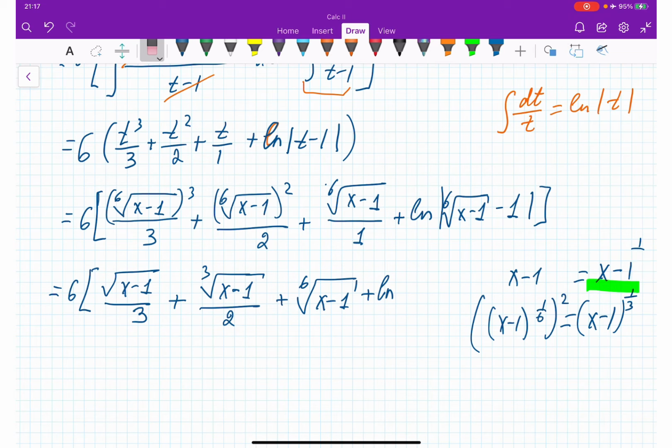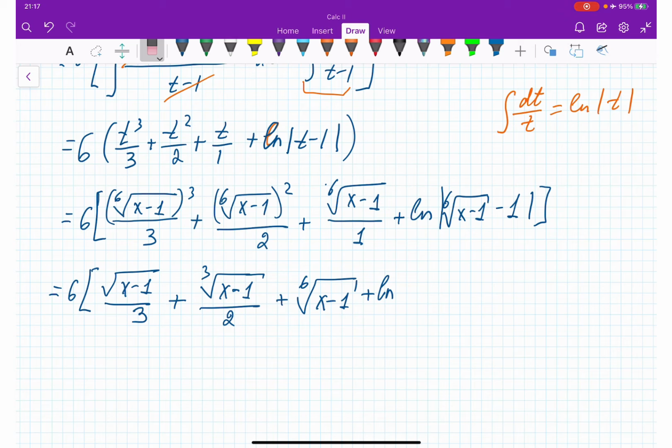Let me clean this because we don't need this drafting anymore. Natural log of radical 6 of x minus 1, minus 1.